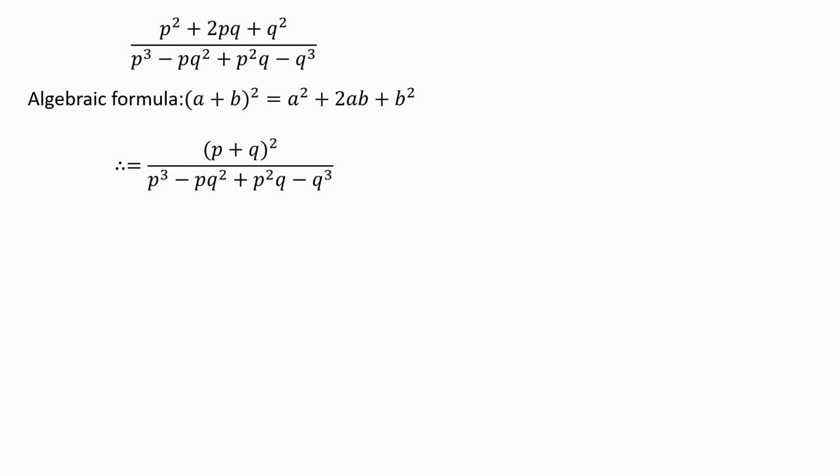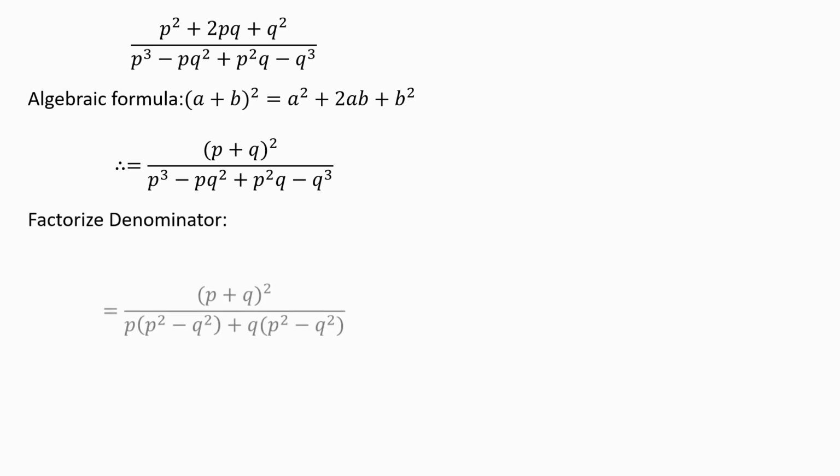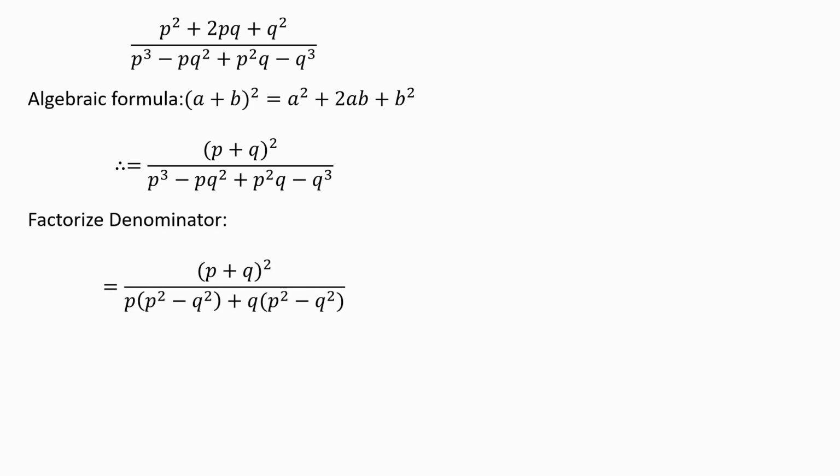The second step is to factorize the denominator by pairing two values. So in the first set, the common factor is p, and in the second set the common factor is q. So we shall have (p plus q) squared divided by p into (p squared minus q squared) plus q into (p squared minus q squared).